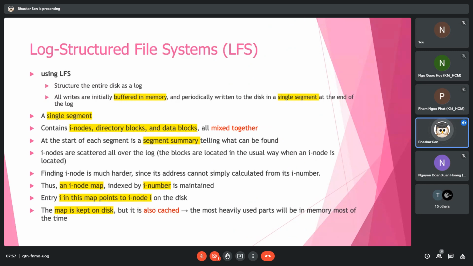That brings us to another part. And here we are going to talk about a handful of different types of file systems. Now remember, we already had FAT, memory allocation, and inodes.